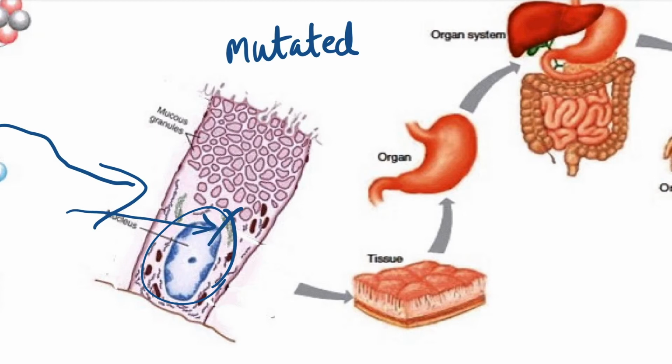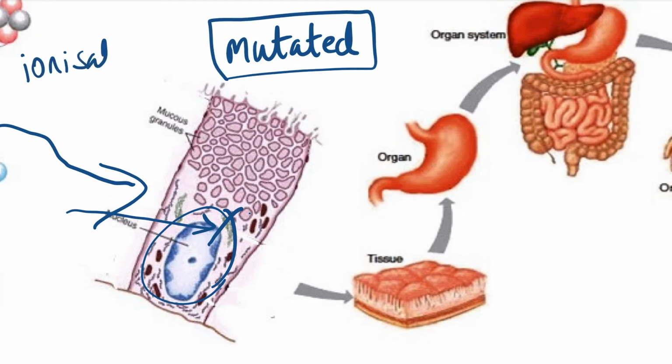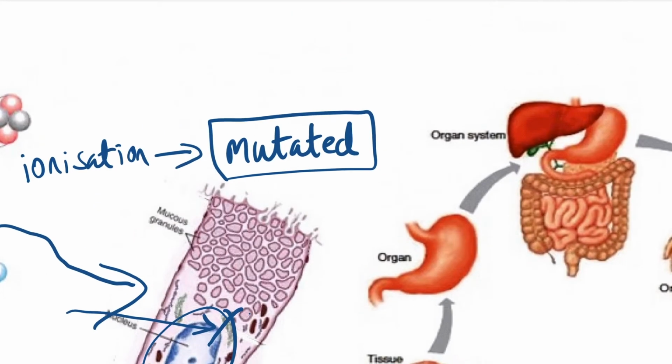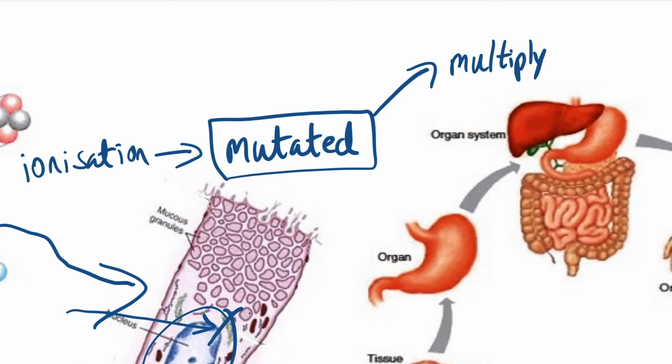It can lose an electron or gain an electron, and that causes the mutation of a cell. So the ionization, so that's when a cell or an atom becomes charged, causes mutation, and then that mutated cell can multiply. And that's when cancer starts. It becomes a cancerous tumour.